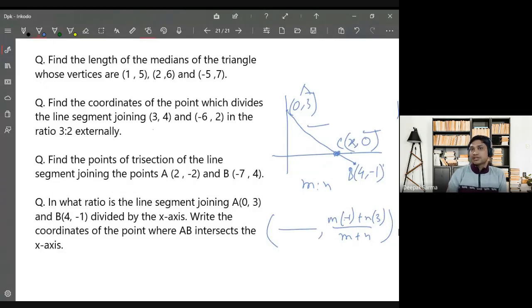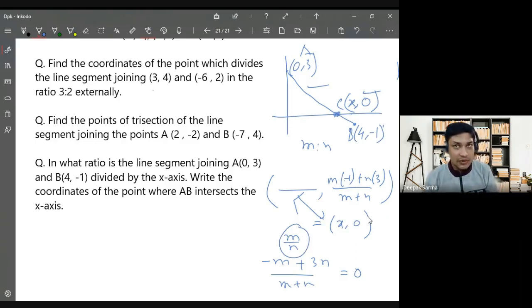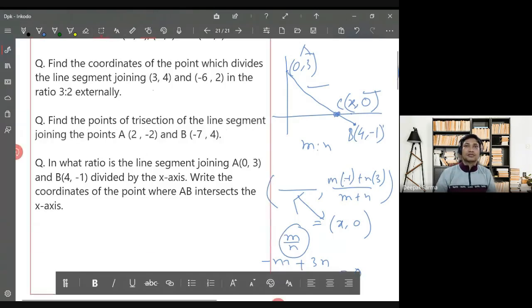The first expression is similar but we don't know the point x, so we cannot compare the first, but the second one we can compare. So we get (-m plus 3n) by (m plus n) equal to 0. If you simplify, you will get the ratio. Once you get the ratio, you can find the exact point. Is it clear? Yes, sir.